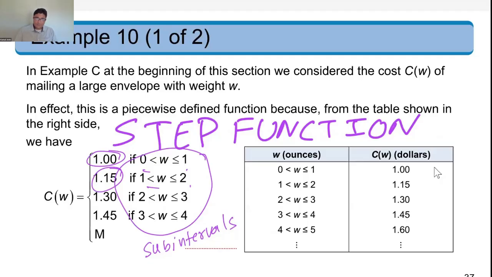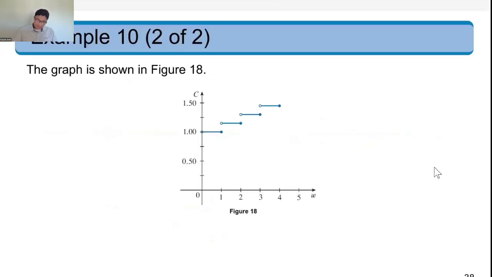That's an example of a piecewise function. So a graph looks like this. Hence, it is called step function. Between 0 and 1, it has this constant value. Between 1 and 2, it has this constant value and so on. Okay. That is step function.